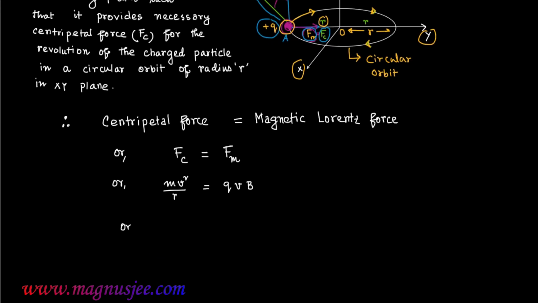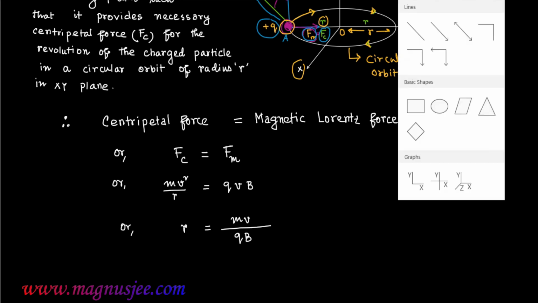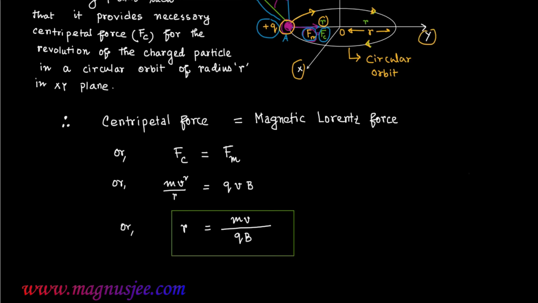Therefore, r equal mv by qB. Here mv is the linear momentum of the charged particle divided by charge into magnetic field induction or magnetic flux density. So this is the radius of the circular orbit.